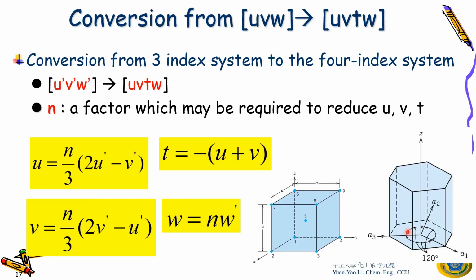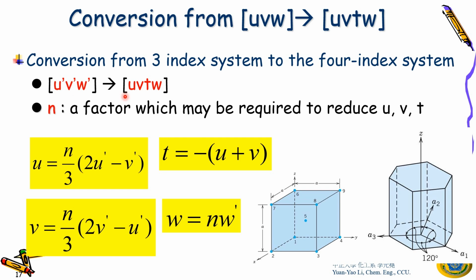Okay, so important things. When I told you that FCC and HCP are actually the same family but with different packing sequences, you can convert these three axes to become four axes. So converting from the three-index system, U prime, V prime, W prime, you can turn it into U, V, T, W. For example, if I give you this vector, you can also express it in this system by this equation.